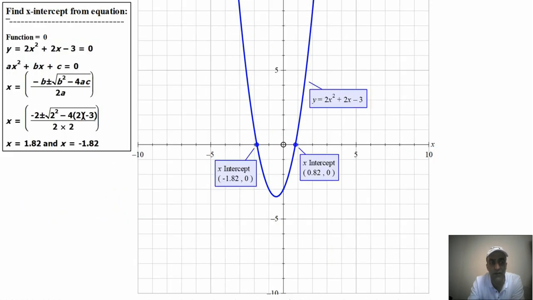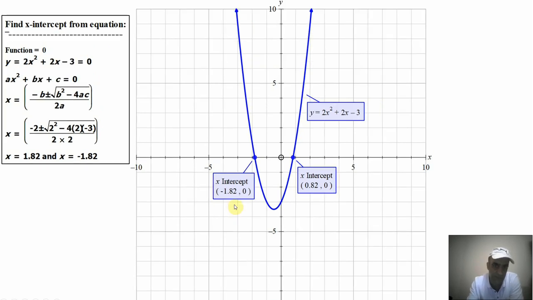How can we find the x-intercept or y-intercept? To find the x-intercept, we put y equals 0 in this situation. 2x power 2 plus 2x minus 3 must be 0. As you know in mathematics, for the parabola function ax power 2 plus bx plus c equals 0, we can find the roots with this formula: x equals minus b plus or minus the radical of b power 2 minus 4ac, all divided by 2a.